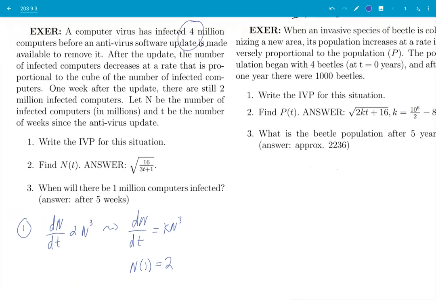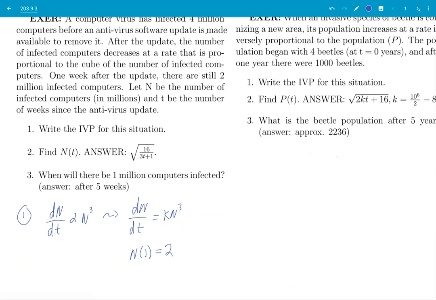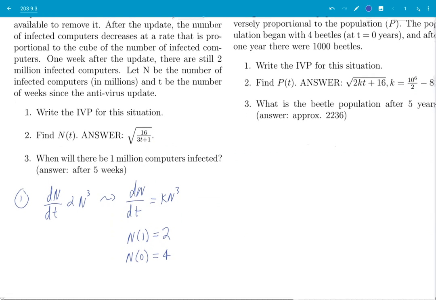I got this 4. What does that mean? That's my initial condition, right? 4 million is the amount of infected computers at the exact moment I do my update. So n when time is 0 is 4. So here's my IVP right here.